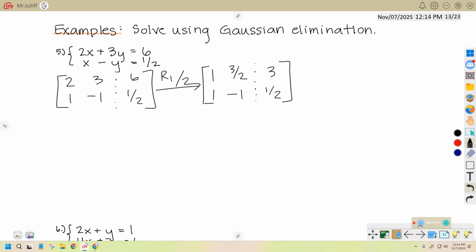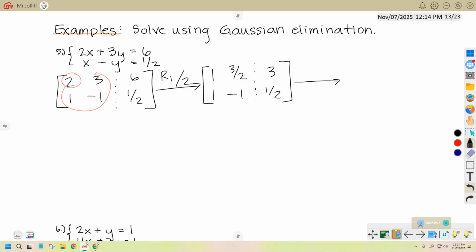And remember, we're working in this order. So the next thing I want to touch is the 1 on bottom. What do I want to turn that 1 into? A 0. Yeah. So the question is, what do I do to my matrix to turn the bottom row into a 0?